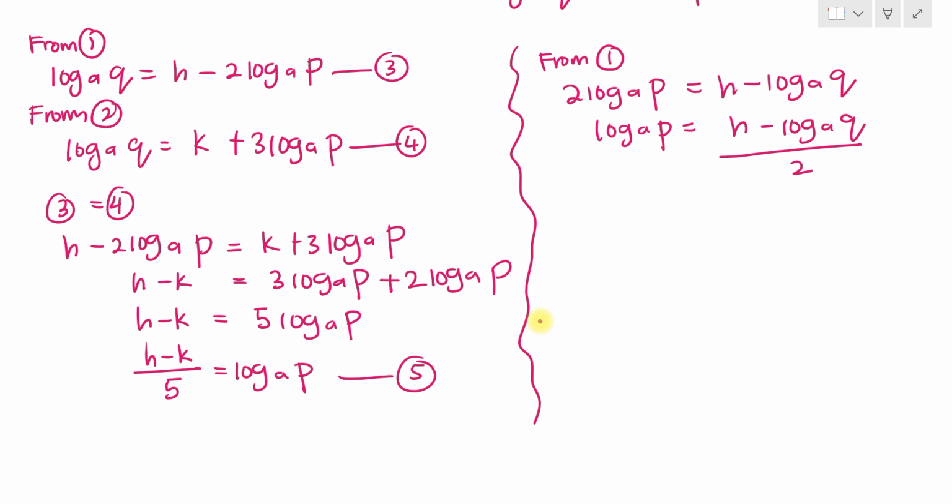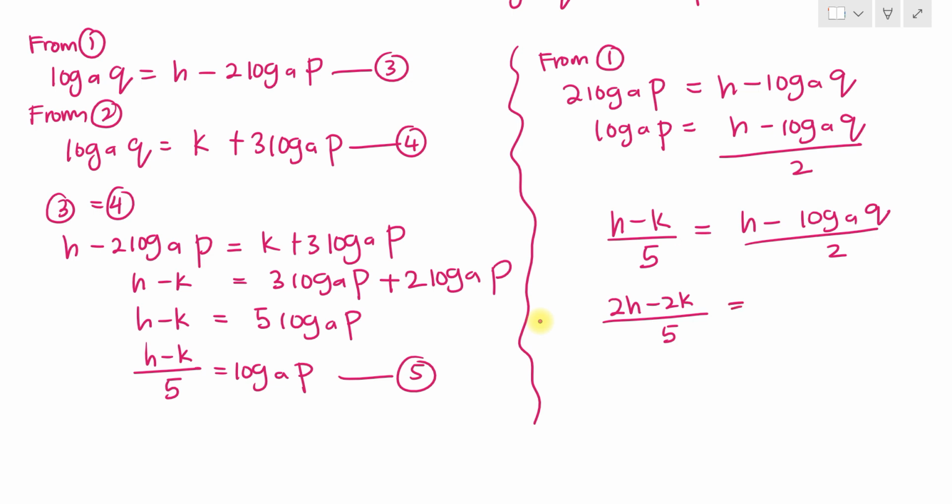If I put this in there, I try to replace the log AP with the equation 5. So H minus K over 5 is equal to H minus log AQ over 2. So the 2 goes up: 2H minus 2K over 5 is equal to H minus log AQ.